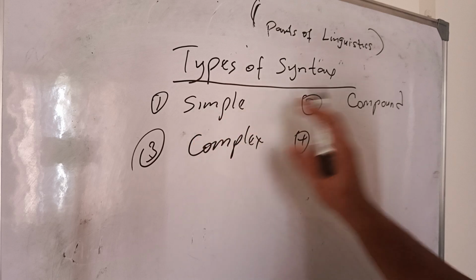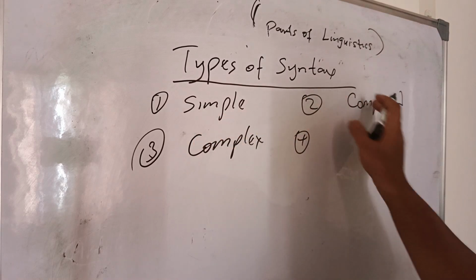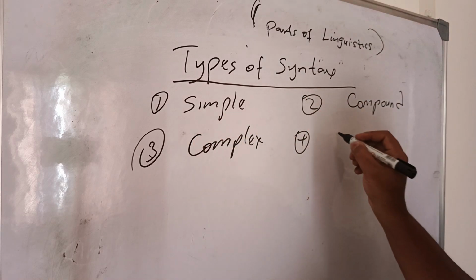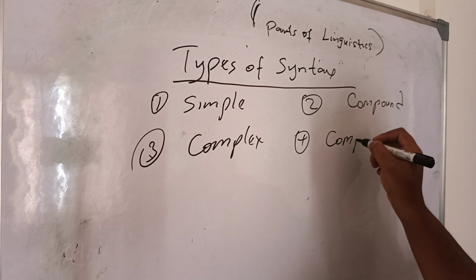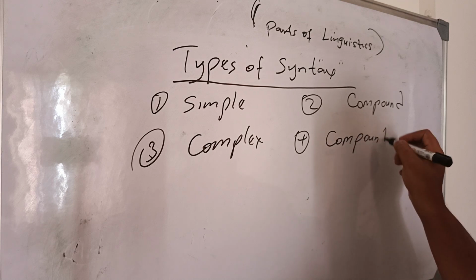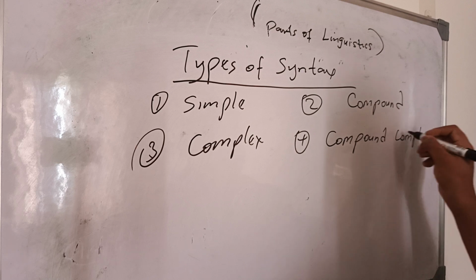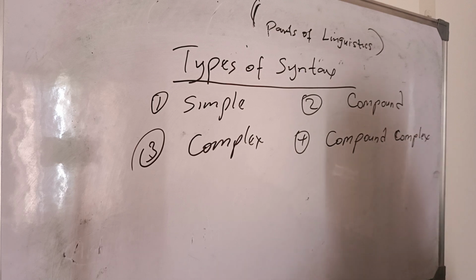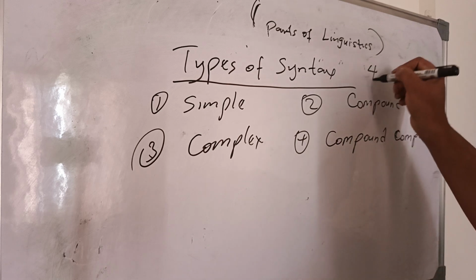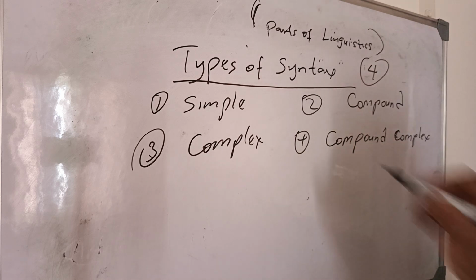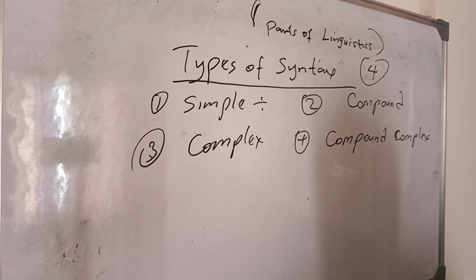The combination of these, that's compound complex. So these are the four types of syntaxes we have. So let's take a look at number one, simple.